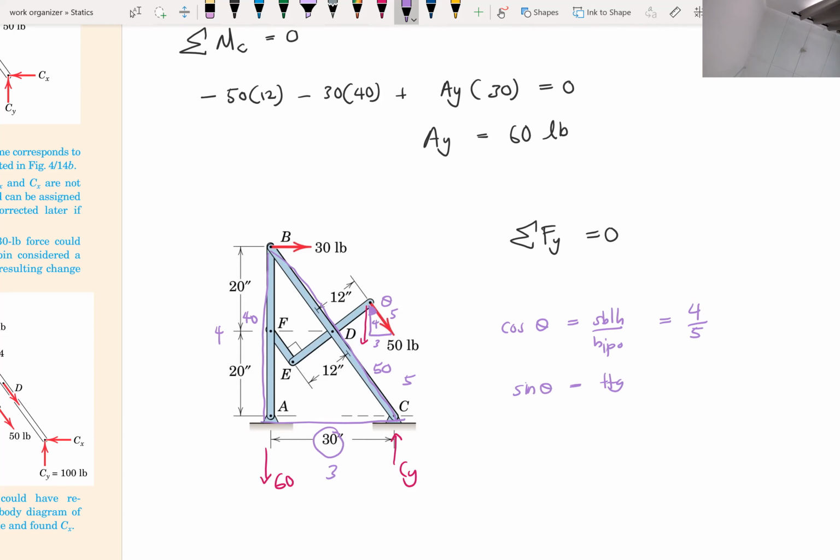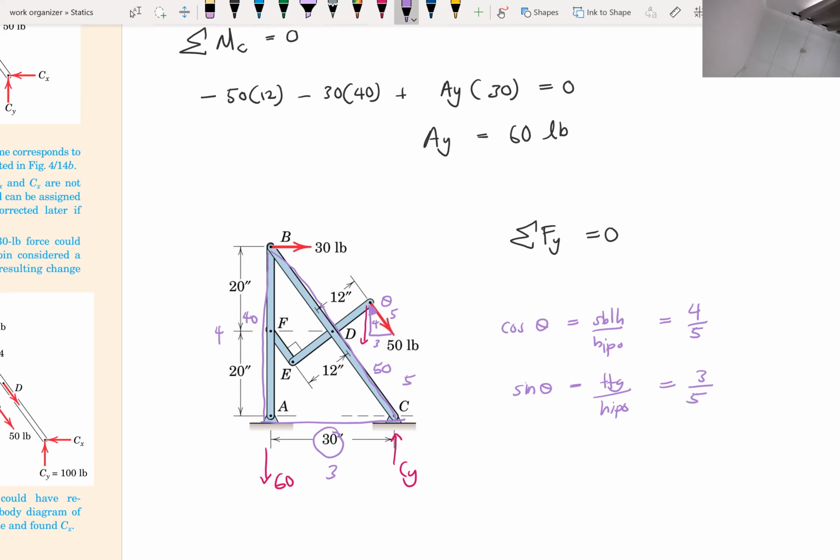Sin theta is opposite over hypotenuse, so it is 3/5.